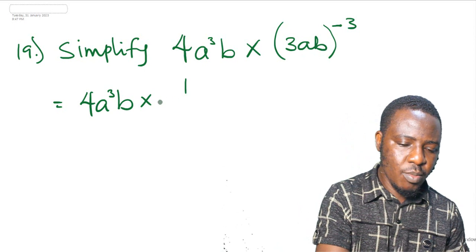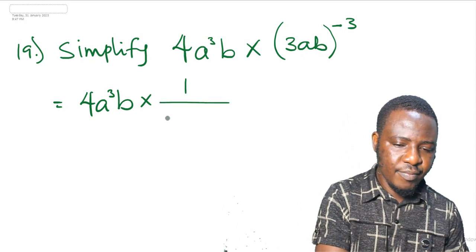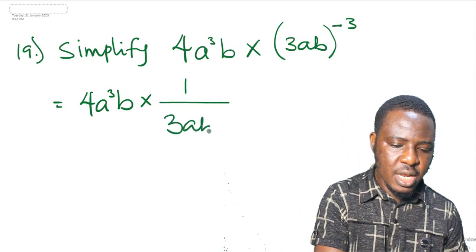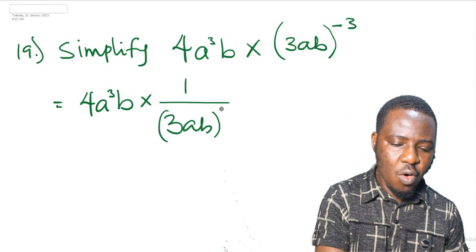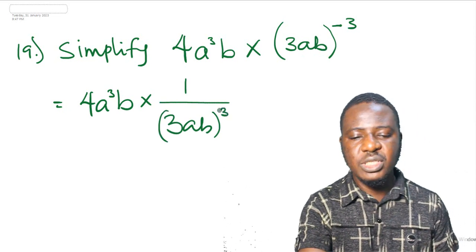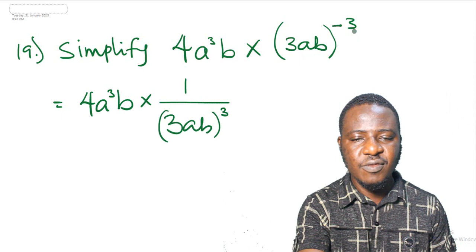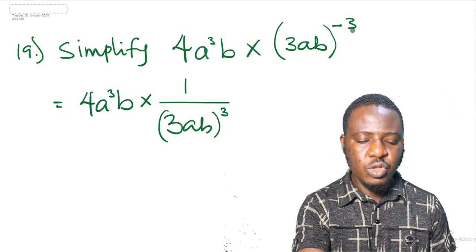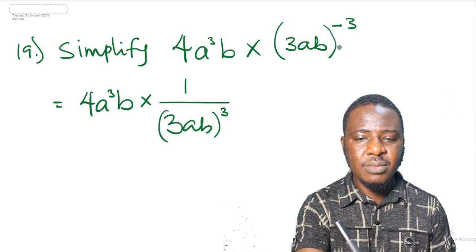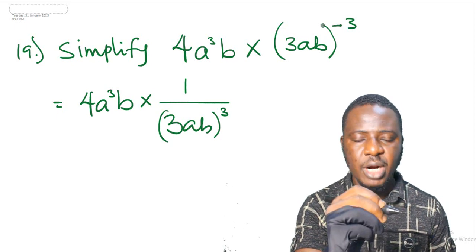So this becomes 1 over 3ab all cubed. The negative power law says if the power is negative, for you to simplify it becomes 1 divided by what you have in the bracket.